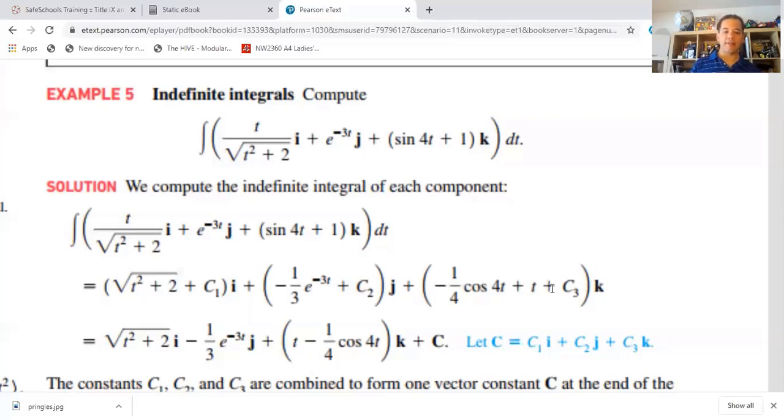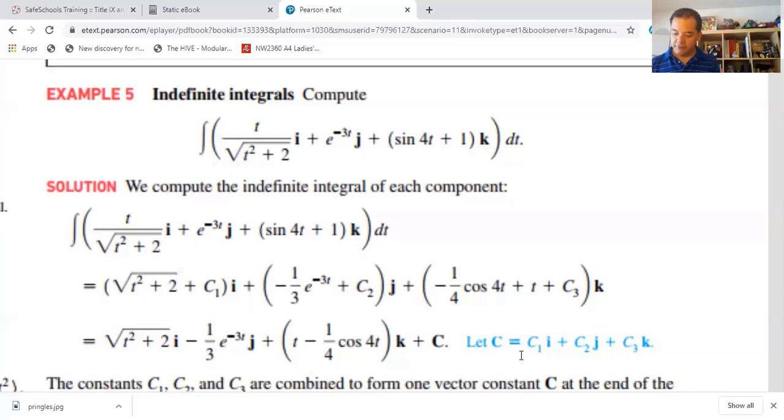And each one of them has its constant, right? Constant 1, constant 2, constant 3. So you can write it like this without the constants, and then plus a big constant vector C, which consists of C1, C2, and C3, for the i, the j, and the k, or the x component, y component, and z component. All right.